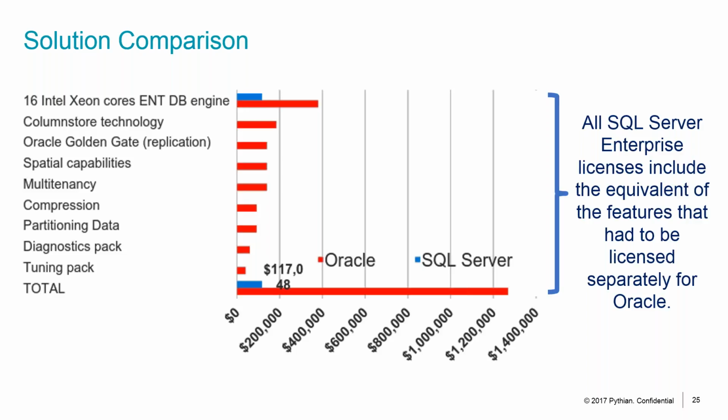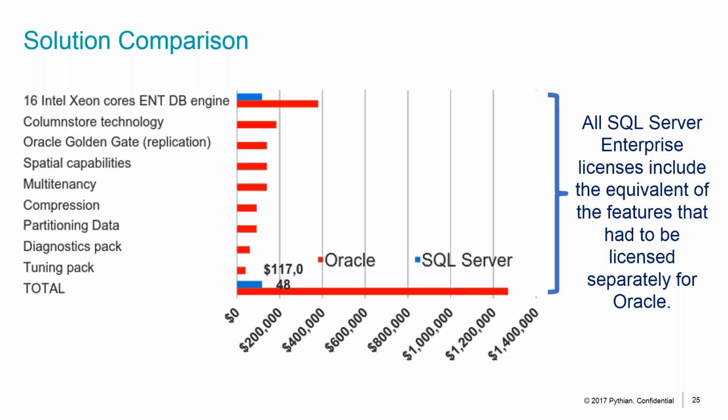So they were running with 16 cores of Enterprise Edition. They would need 16 cores of Enterprise Edition Oracle. They were interested in column store. They had a few replication requirements that they were looking at GoldenGate for. They were interested in supporting some spatial capabilities.